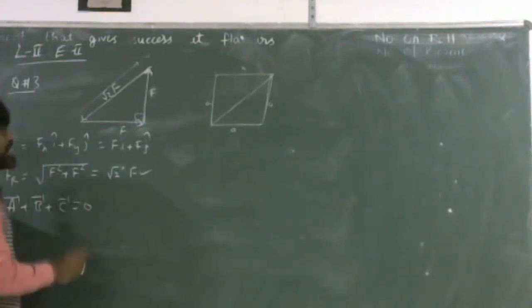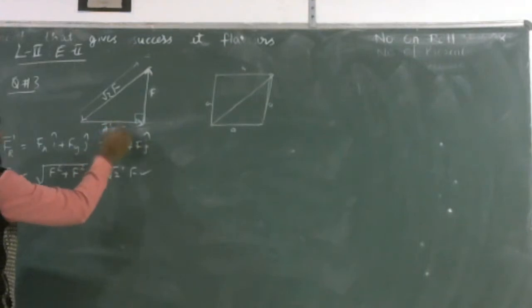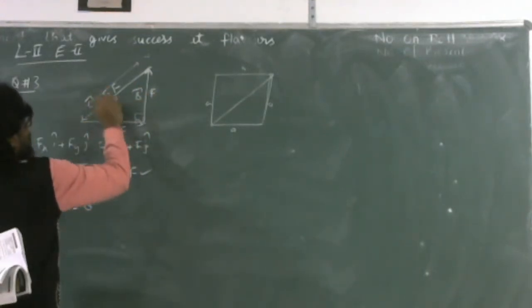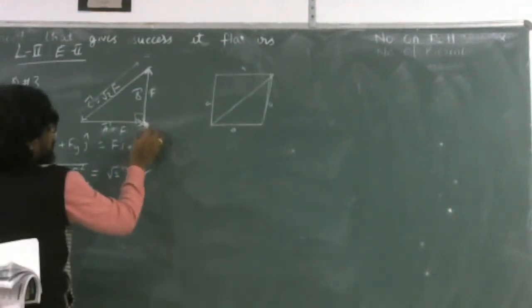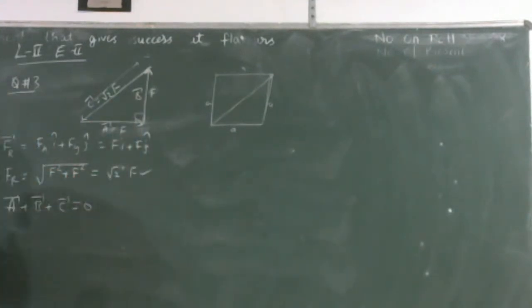Once it is clear, this first vector you can take as A vector whose magnitude is F. This is B vector whose magnitude is F. The C vector has magnitude root 2 times that. If you want to find the angle between the first vector and second vector, you have to arrange the vectors in tail to tail form. Whenever you are finding the angle between two vectors, you have to arrange them tail to tail.